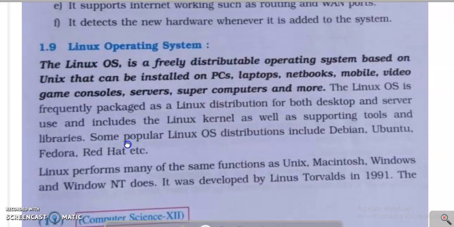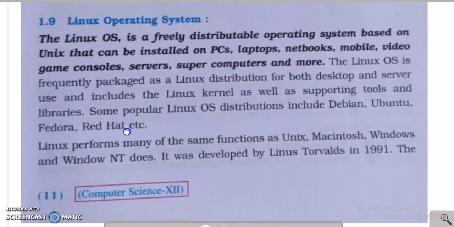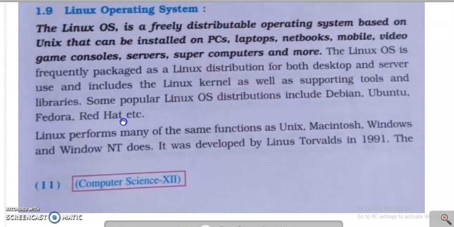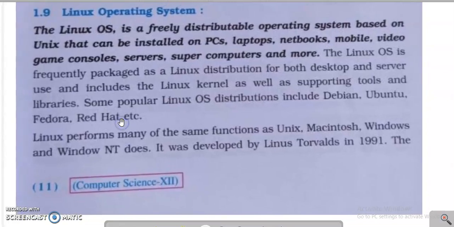So Linux OS, or operating system, is a freely distributable operating system based on Unix, which can be installed on PCs, laptops, netbooks, mobiles, video game consoles, servers, supercomputers, and more. Linux is an open source operating system, which means it is freely available, no licensing is required whatsoever, and we do not have to spend a single penny for using this operating system because it is totally free.